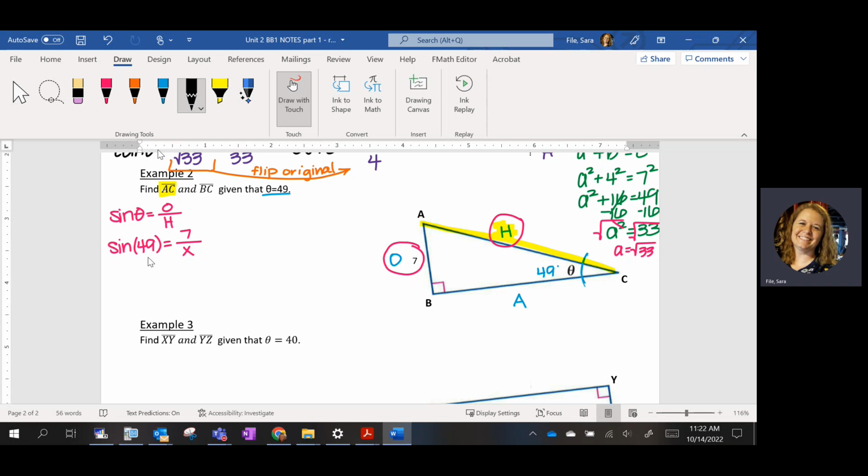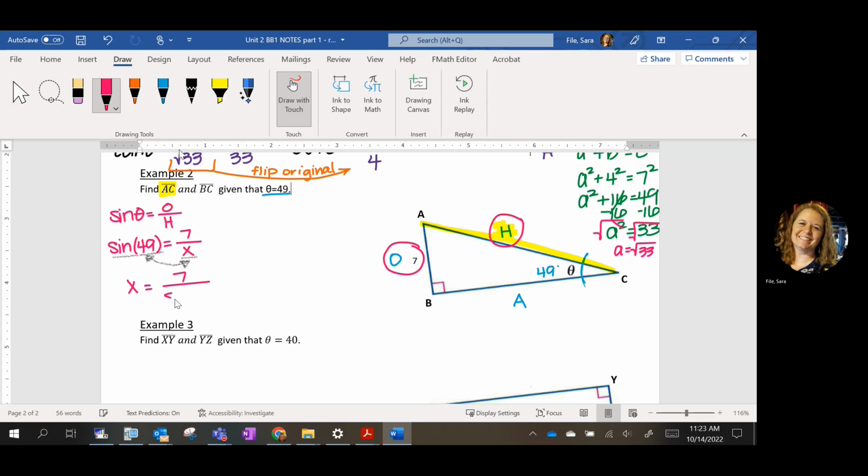If you just understand that these two pieces, the trig function and the x, just end up switching spots, so you can just rewrite it as x equals 7 divided by sine of 49.